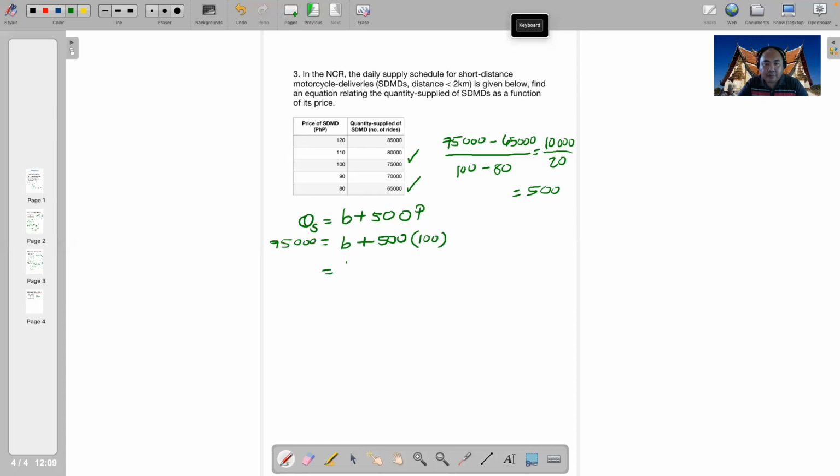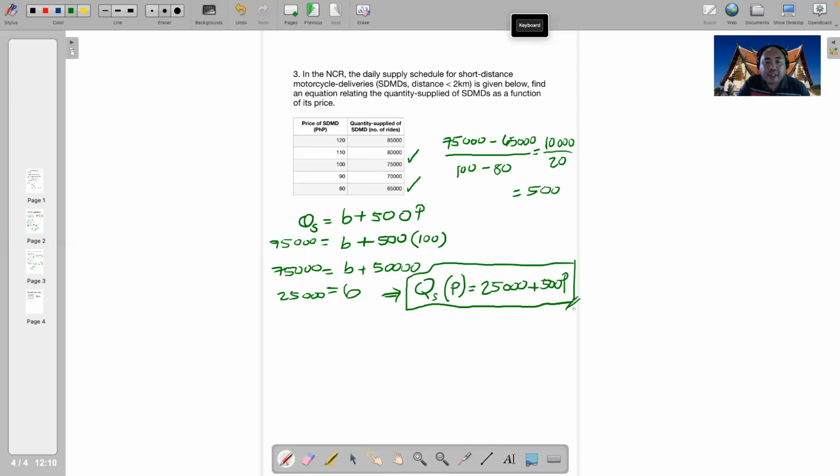So this is B plus 50,000 is equal to 75,000. Very easy now. B is just 25,000. To finish off, this means that quantity supplied as a function of price is 25,000 plus 500P.